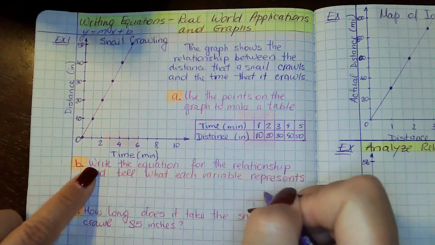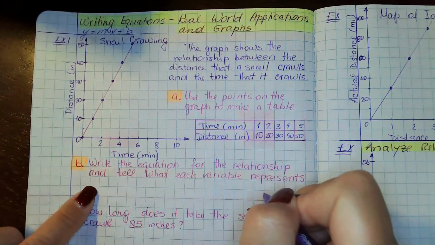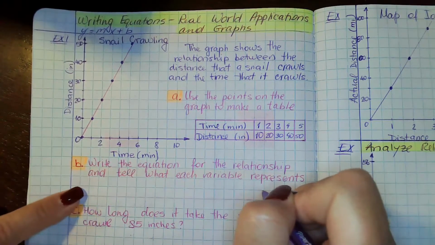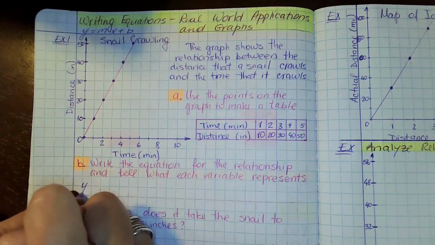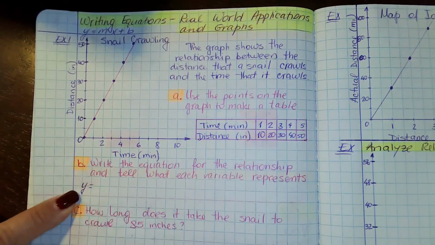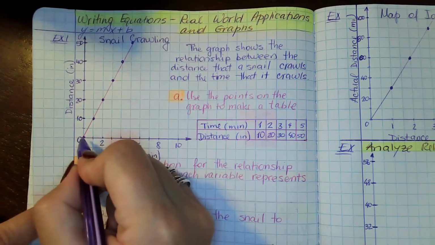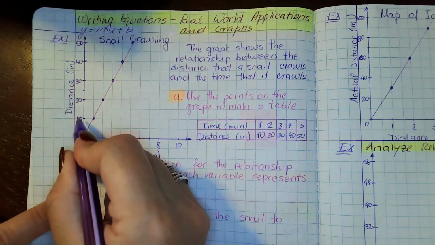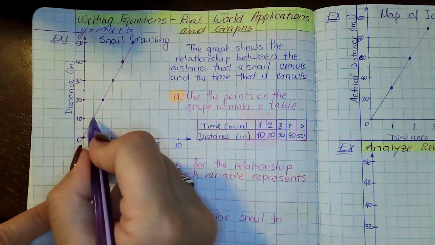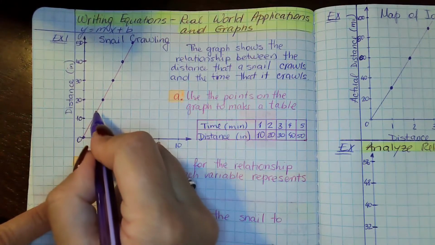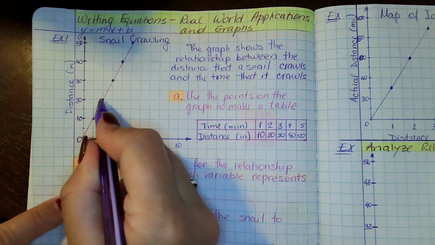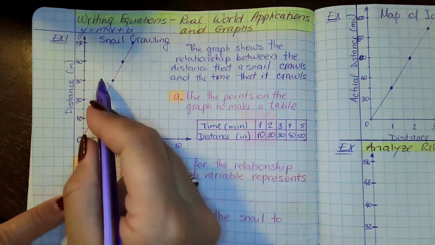Now, to write the equation for this relationship, we need to see what is the slope of this relationship. So the slope is the ratio of how much is the vertical growth per horizontal. How much is the y difference over x difference? Y over x.